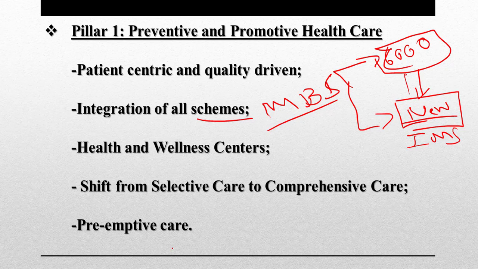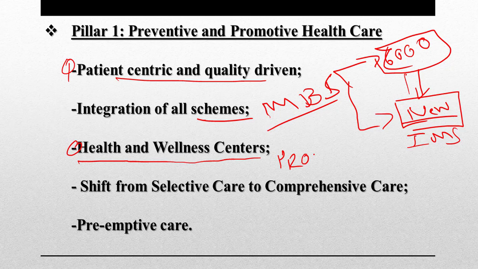Now let me remind you, we are here at preventive and promotive healthcare. All these points, if you visualize, aim at prevention of the occurrence of disease and promotion of health. So health and wellness centers are there now. Under this health and wellness center concept, the idea is to have health and wellness centers in the proximity of the citizens, like every 10 to 15 kilometers area will be catered by a health and wellness center.